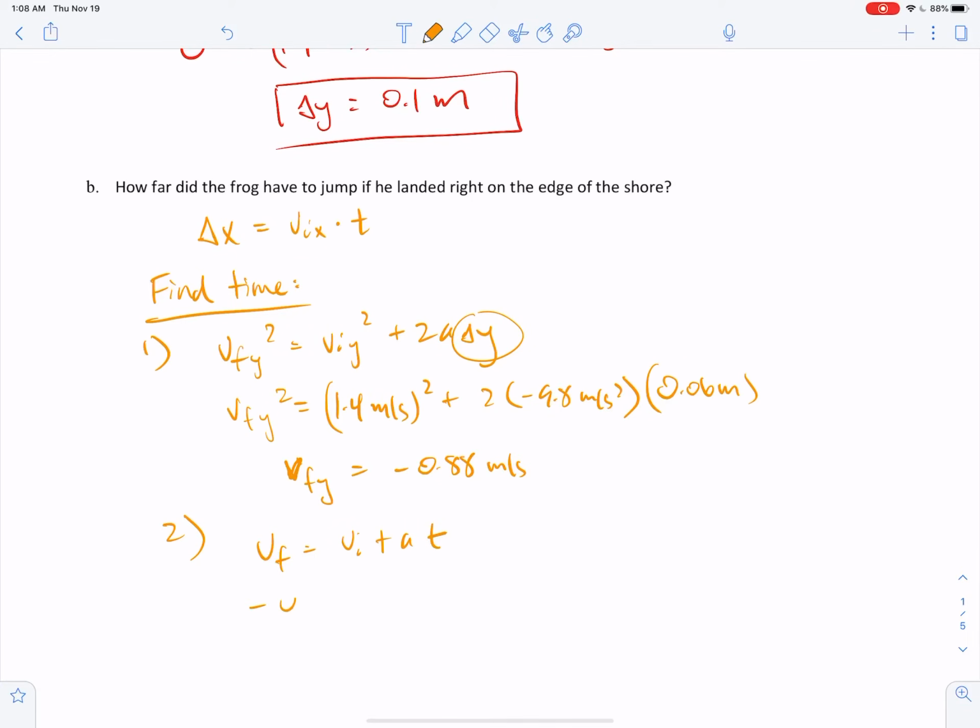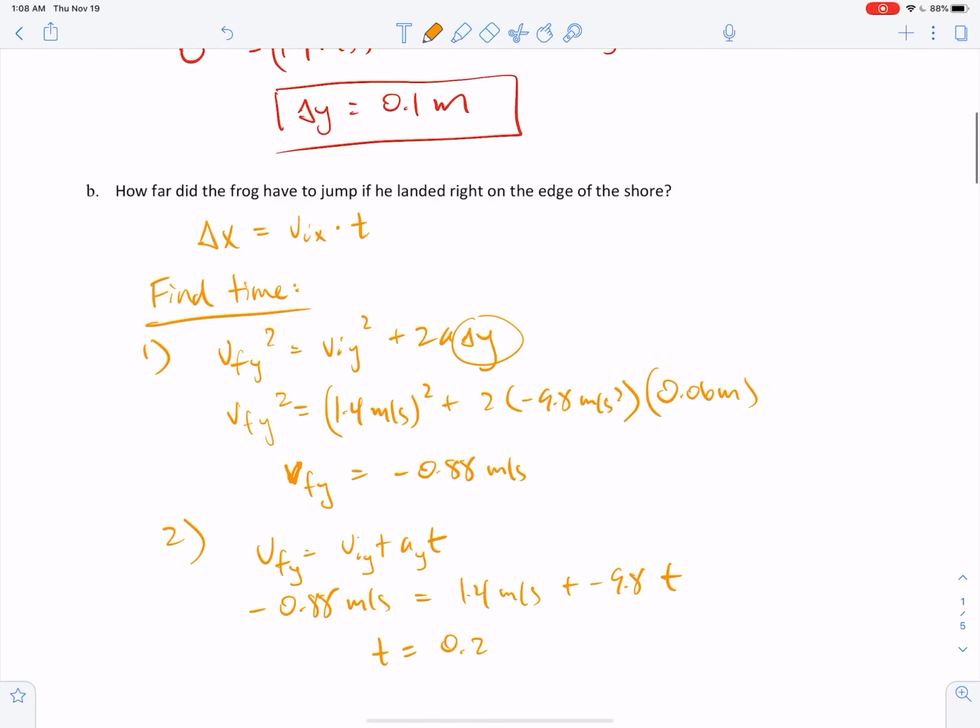The final velocity just before it hits the lily pad, in the vertical direction, is equal to the initial, which was 1.4 meters per second in the vertical direction, plus negative 9.8 times t. So the amount of time it takes for the velocity to go from positive 1.4 to negative 0.88 is 0.23 seconds.